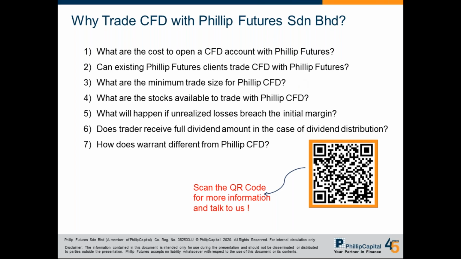With 900 ringgit, you can own one lot. So it depends on the stocks that you want to trade. There is no minimum trade size. If you want to trade a stock that is worth 1 ringgit, how much do you need to come out with if the margin is 20%? 200 ringgit is what you need to trade. So it depends on what stocks you are trading at what price.